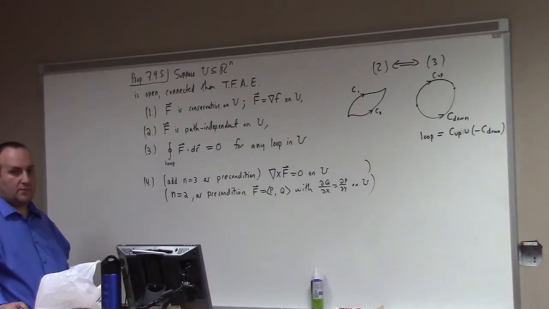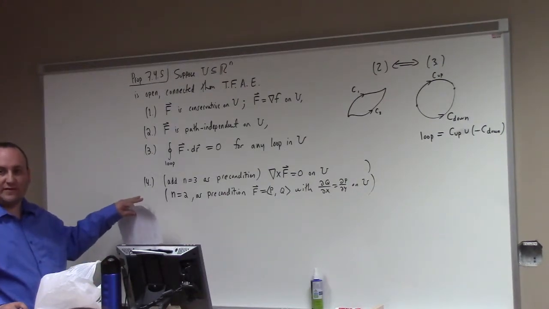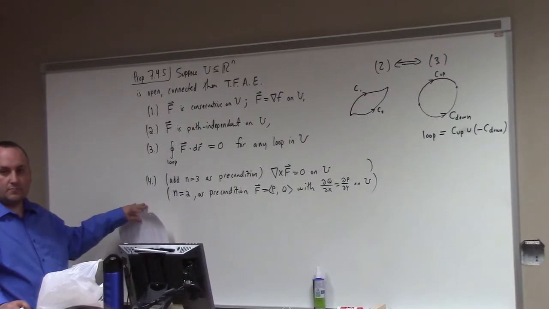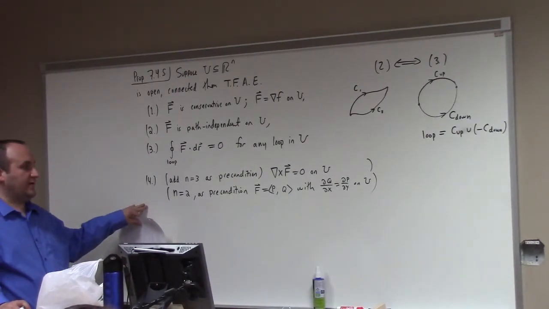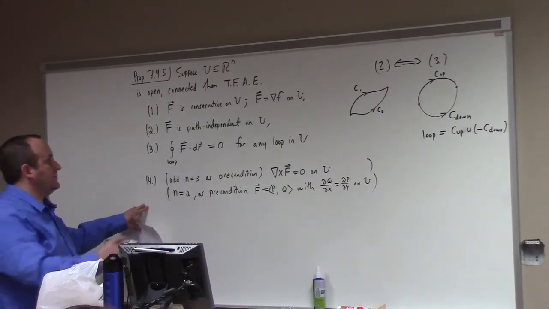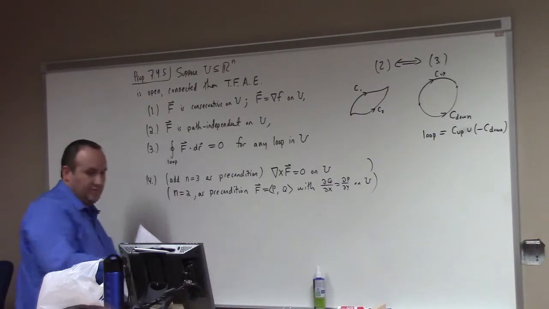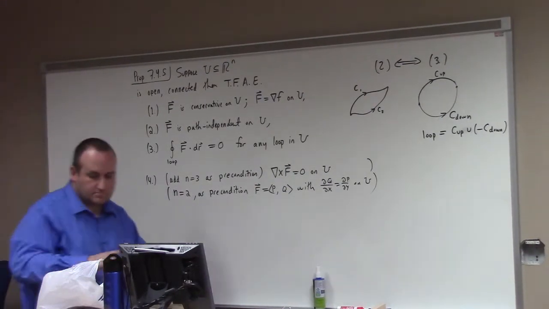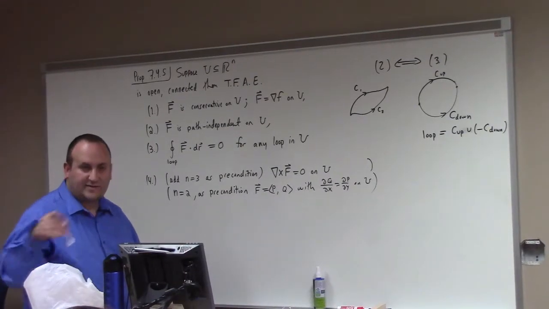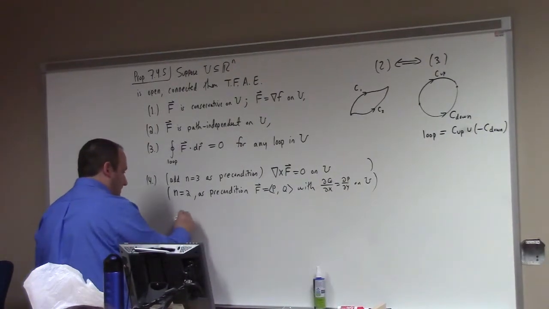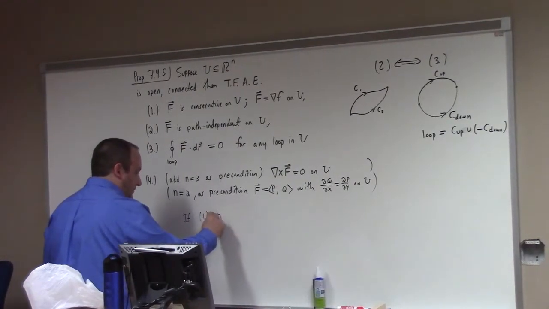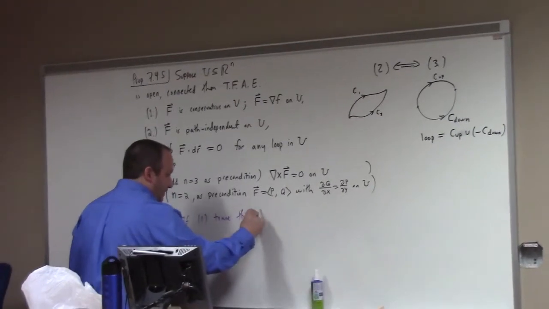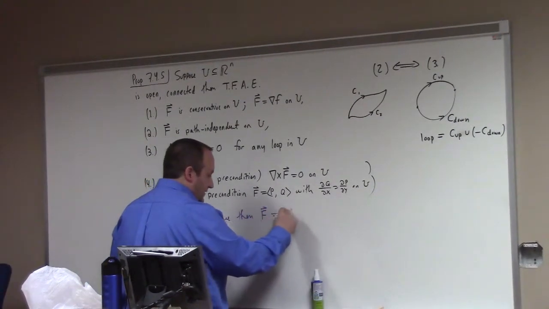All right. Why 4 is related to any of this, I'll have to explain eventually. We may not even get to why 4 is equivalent and on this list today. All right. I mean, we have part of 4 already, right? What do we have? I can do part of the proof here for why 4 is connected to 1. If 1 is true, then what? F is equal to the gradient of little f, right?